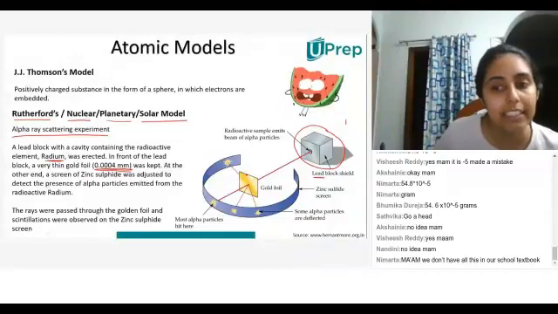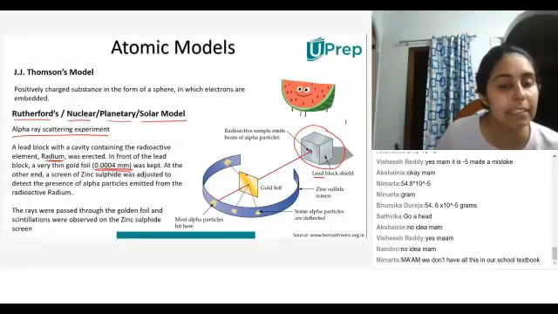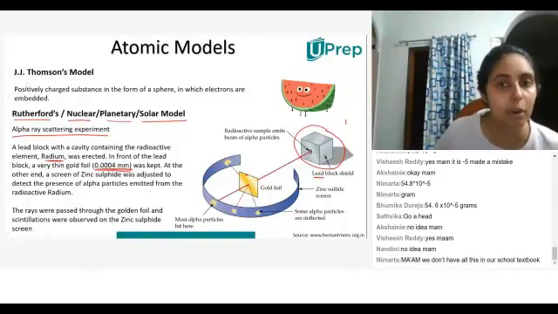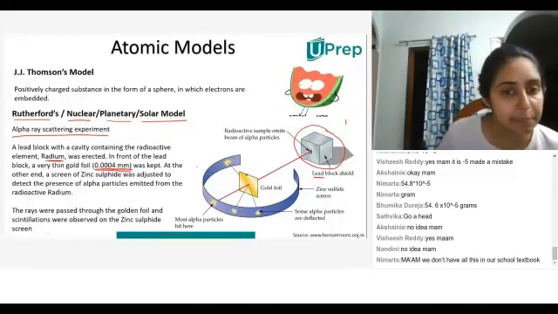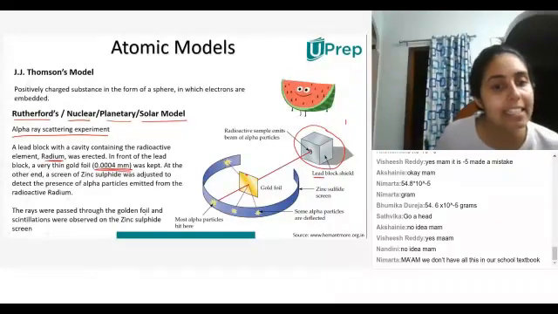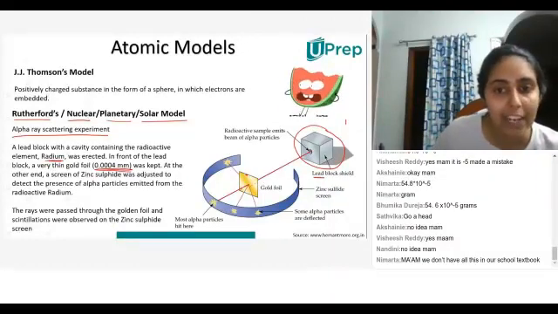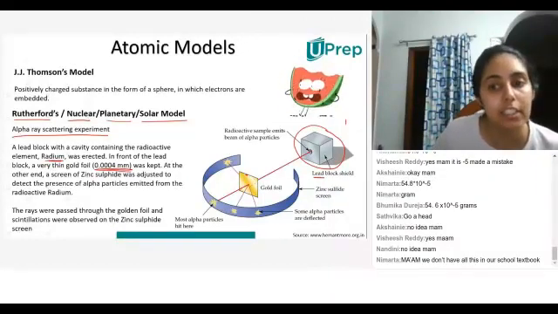Now what happens when these alpha particles emit rays or beams? The rays were passed through the gold foil and scintillations were observed on the zinc sulfide screen. What is the meaning of scintillation?